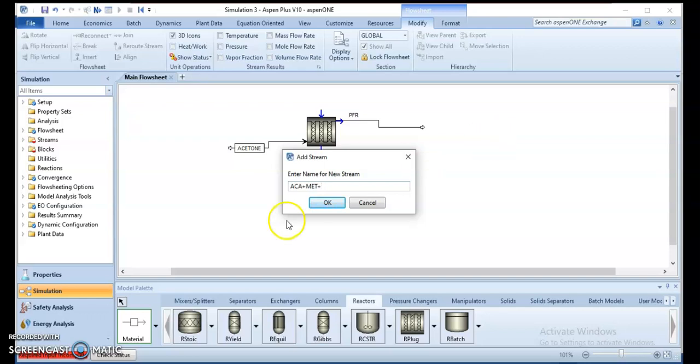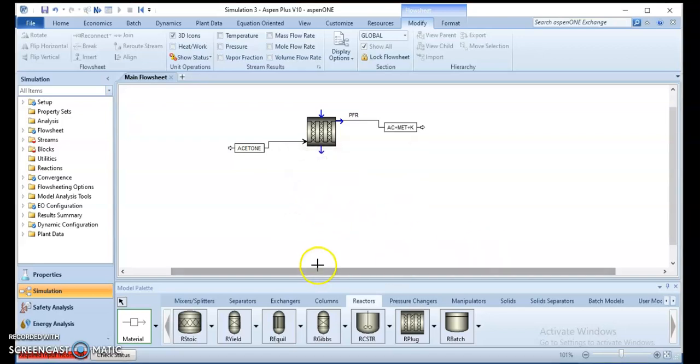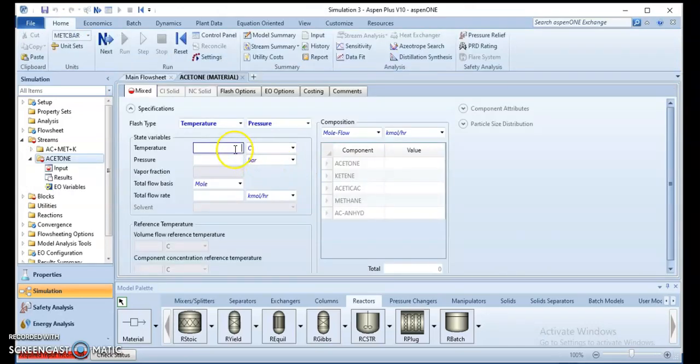So we can have the acetone, and these three components can be expected on the product side. So let's fill in the input components.